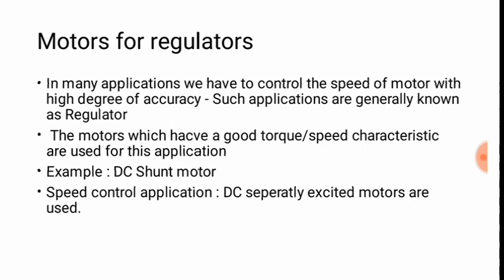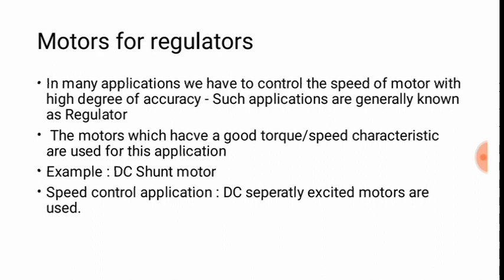In regulator applications, the motors that are used should have good speed characteristics. One example of such a motor is the DC shunt motor. We know that for a DC shunt motor, the speed is essentially constant, but its speed can be controlled easily by adjusting the current through its field winding.